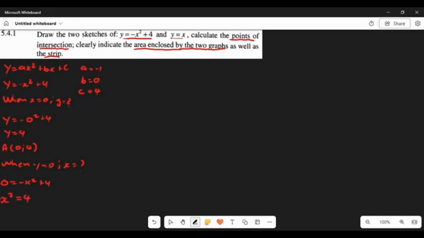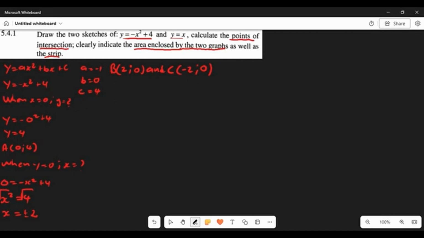Then from there we square root both sides. So when you square root x squared, you have x equals plus or minus 2, which is the square root of 4. We can say at point B, when x is 2, y is 0, and at point C, when x is negative 2, y is also 0. So these are actually the x-intercepts.